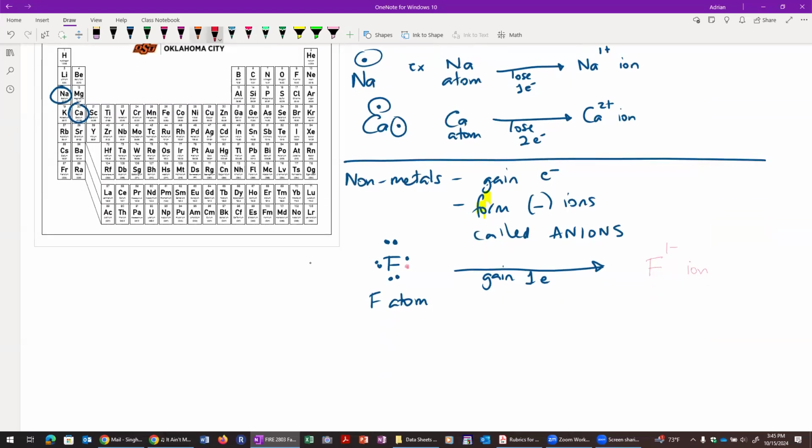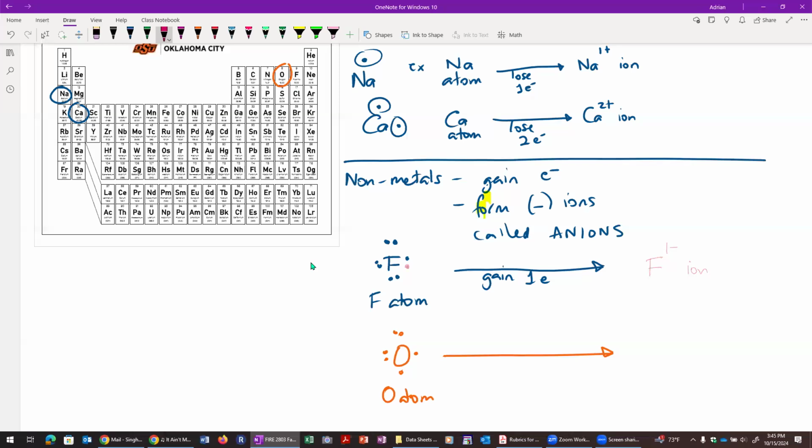Similarly, let's do oxygen, for example. The O atom is in group 6, so it's got 1, 2, 3, 4, 5, 6 valence electrons. Do you think it's easier for oxygen to lose 6 or to gain 2 to be more stable? Well, it's a lot easier for it to gain 2.